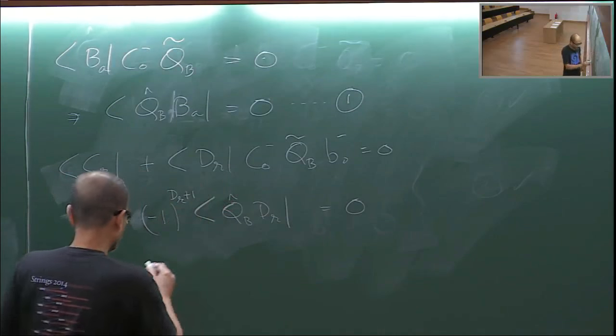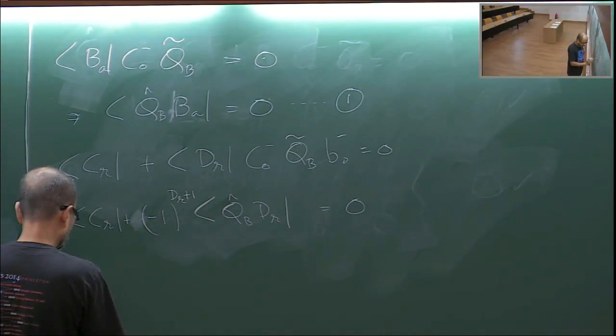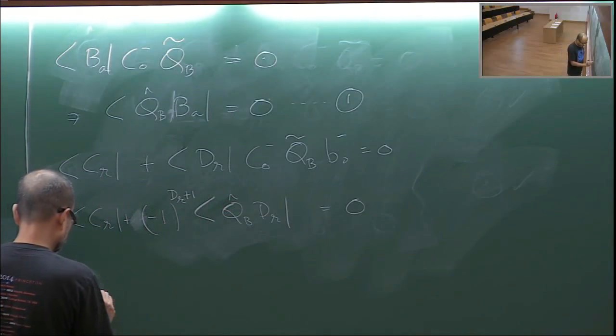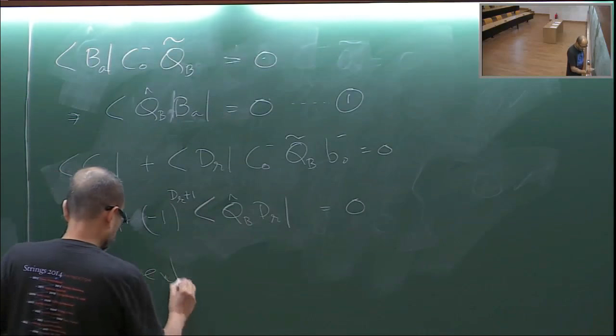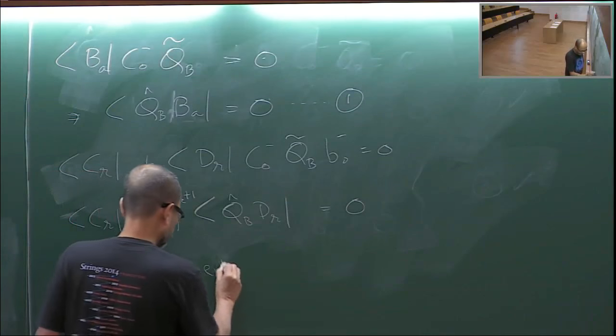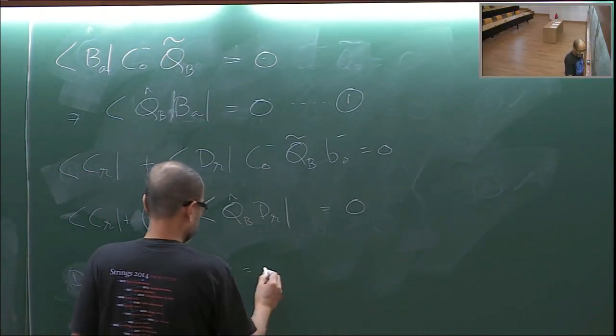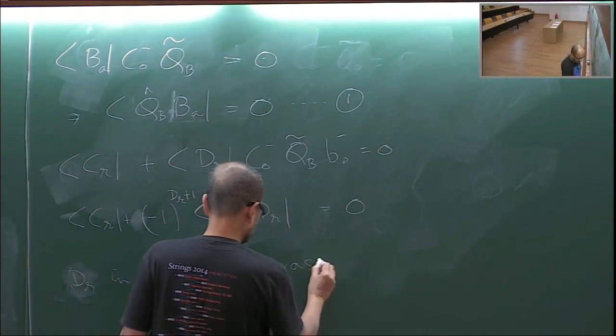What is minus 1 to the dr? So dr in the exponent is just the Grassmann parity of dr.